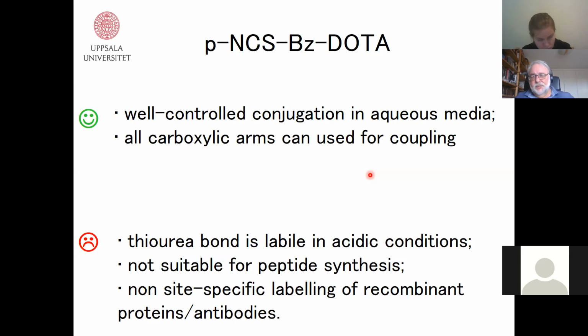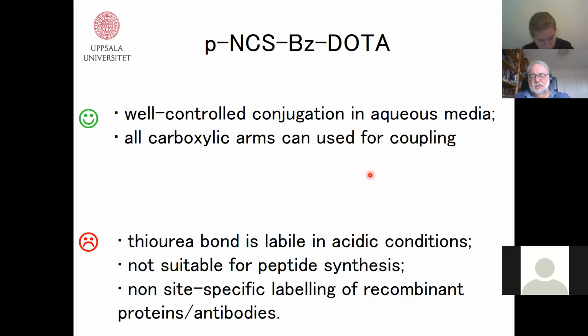Well, nothing is of course perfect, and a major limitation is, for example, that the thiourea bond is labile in acidic conditions, not the moderately acidic conditions which we use for labeling, but in strongly acidic conditions, for example, when we use cleavage of a synthetic peptide from resin in peptide synthesis, the thiourea bond will not survive.